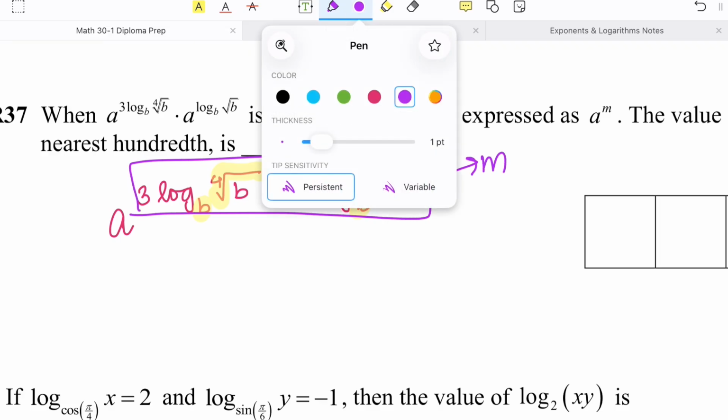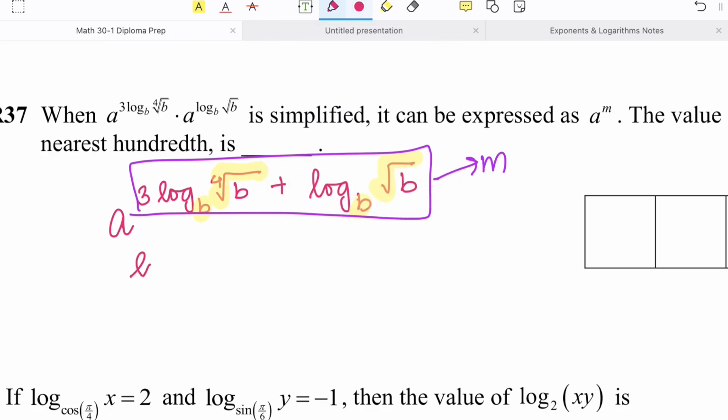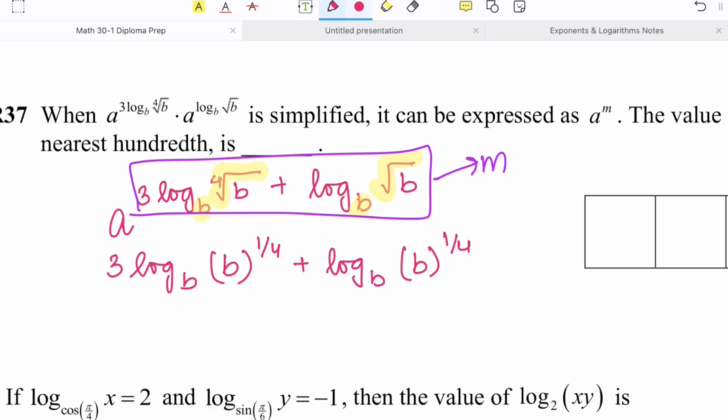So log base b of the fourth root can be written as 1 over 4 log b to the power of 4. Sorry, b to the power 1 over 2. Oh my god. Okay. It is 1 over 2. Yeah. Anyways.